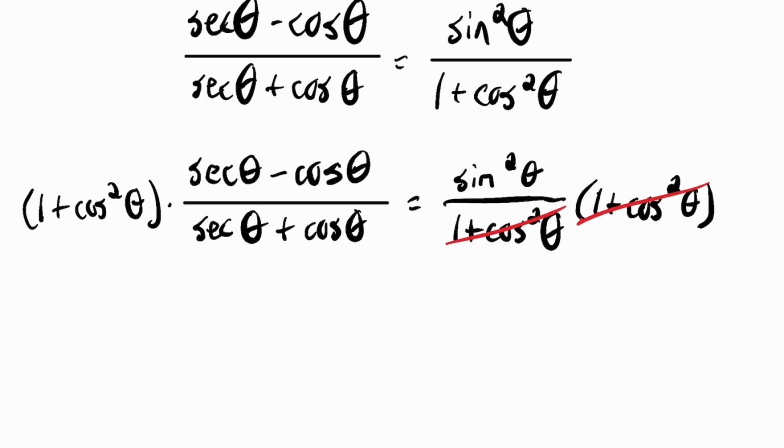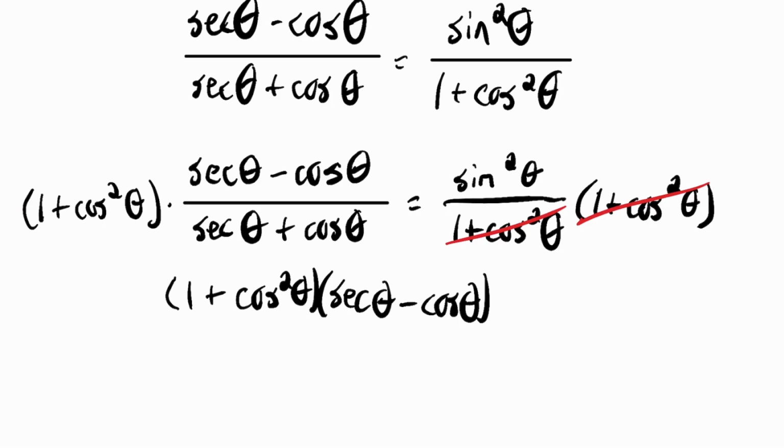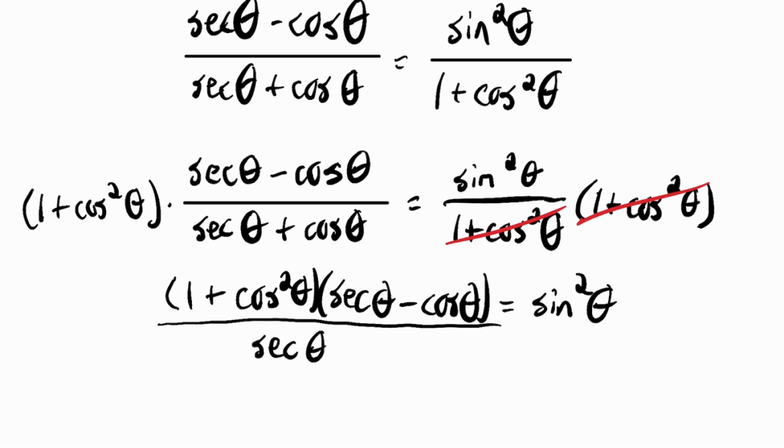So then I'll have 1 plus cosine squared theta times secant theta minus cosine theta equals sine squared theta on the right. On the left side, this is all over secant theta plus cosine theta.